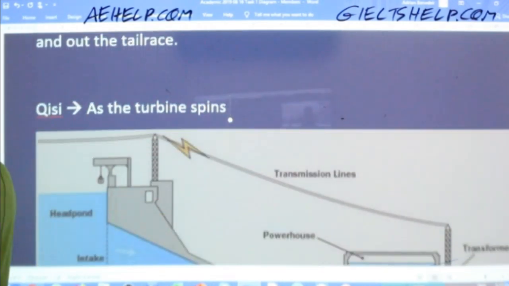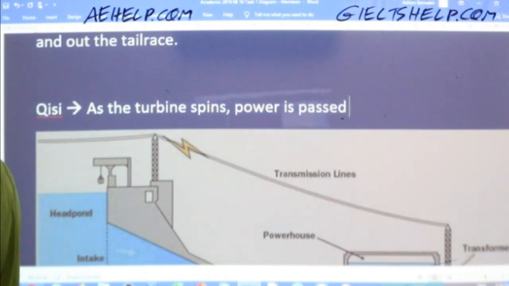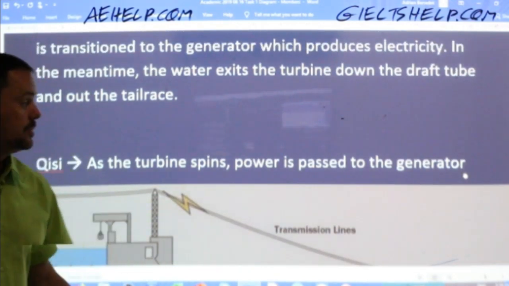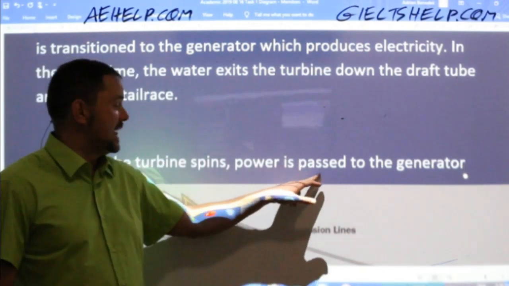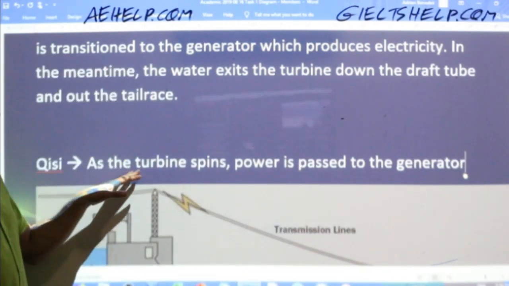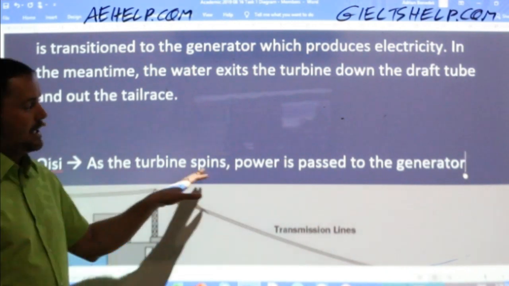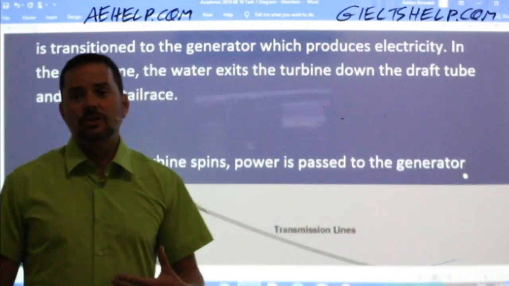It's a general situation. So as the turbine spins, power is passed to the generator. Okay, so here, Kesey, I'm using the passive voice, not the active voice, because it's unclear that it's the turbine passing power to the generator or it's actually the water, right?